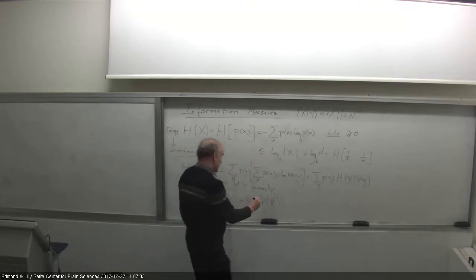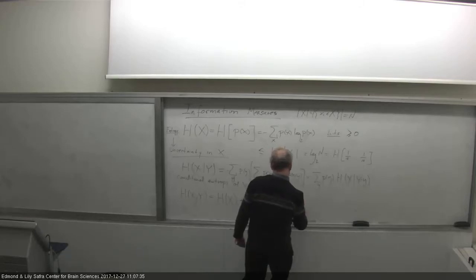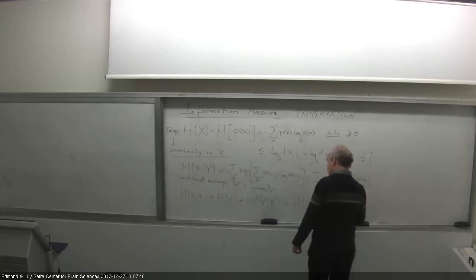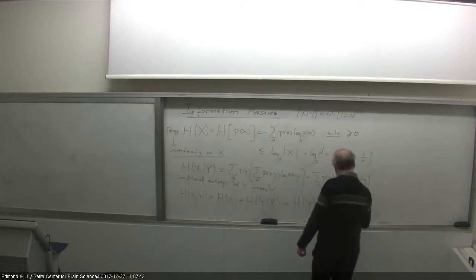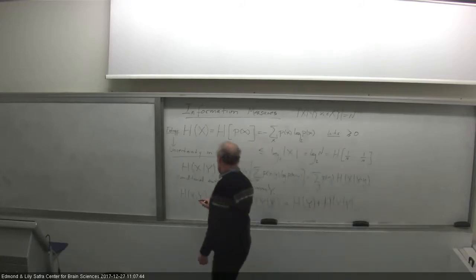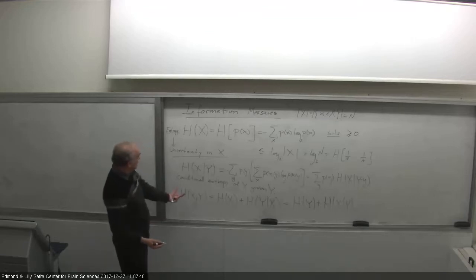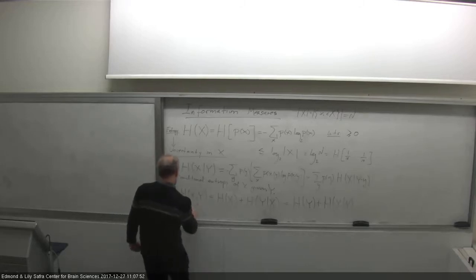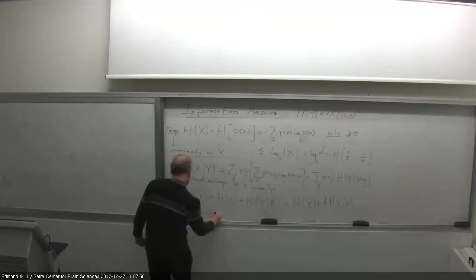And this, of course, is the same as the entropy of y plus the residual entropy of x when I know y. So this, of course, is just defined in the natural way. I just think of x as a two-dimensional variable. So this is just a minus sum over x and y of p(x,y) log p(x,y).